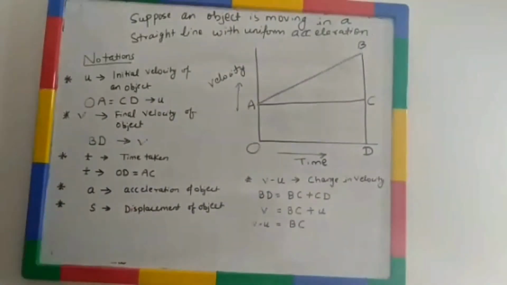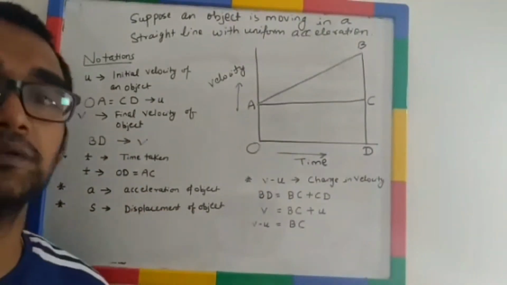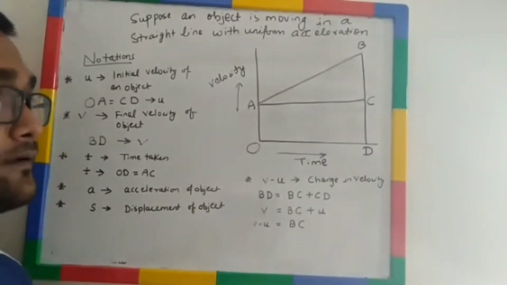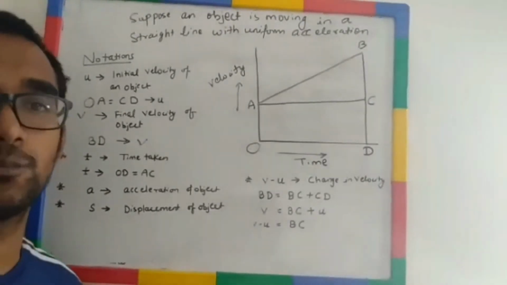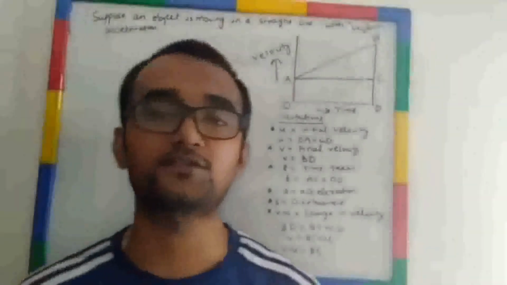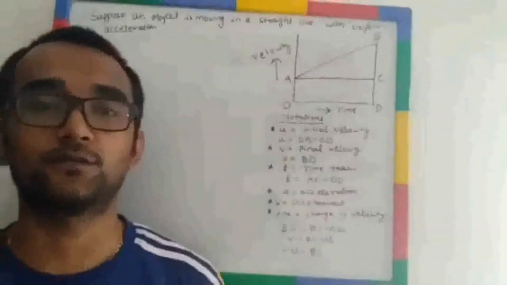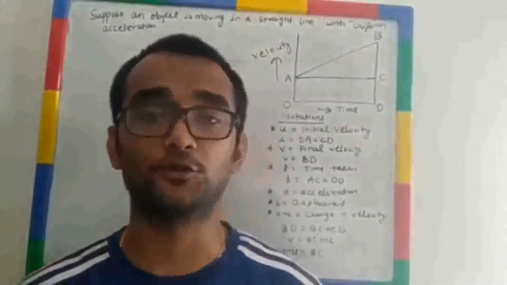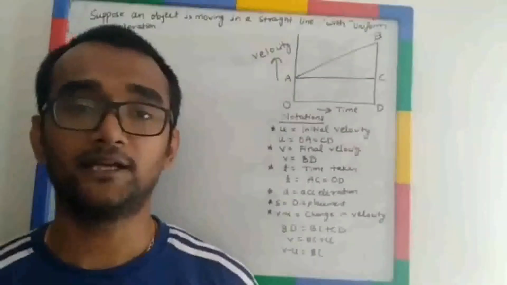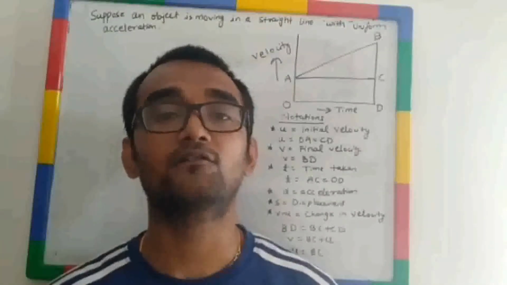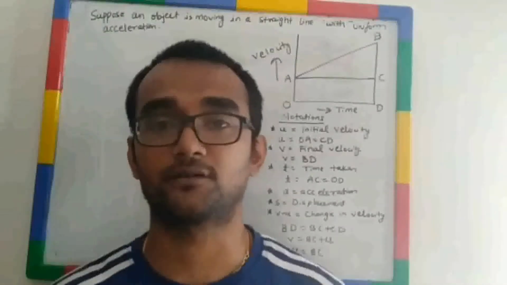So these are the different notations which will be used in the derivation of all three equations of motion which I have taken as the topic. Now, after explaining the diagram and referring all the notations, we will start with the derivation of first equation of motion. While deriving the first equation of motion, the first thing we should know that in a velocity time graph, slope of the graph represents acceleration.